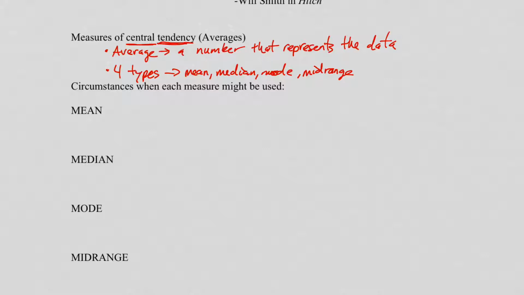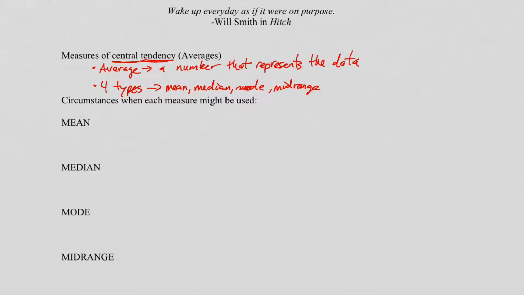Sometimes they are the same number, but sometimes they are not. To put this in perspective, we have some numbers and they're going to accumulate towards the center. So we want one number that represents all of those pieces of data.